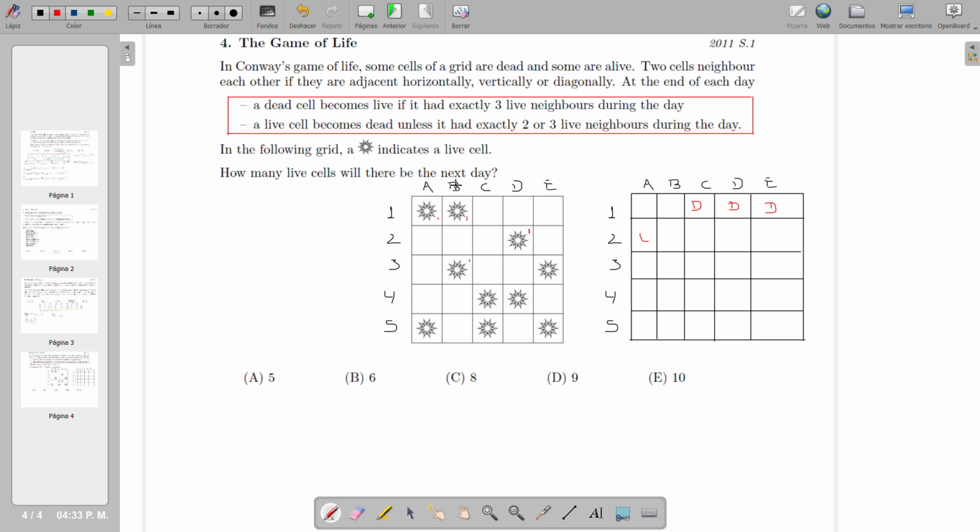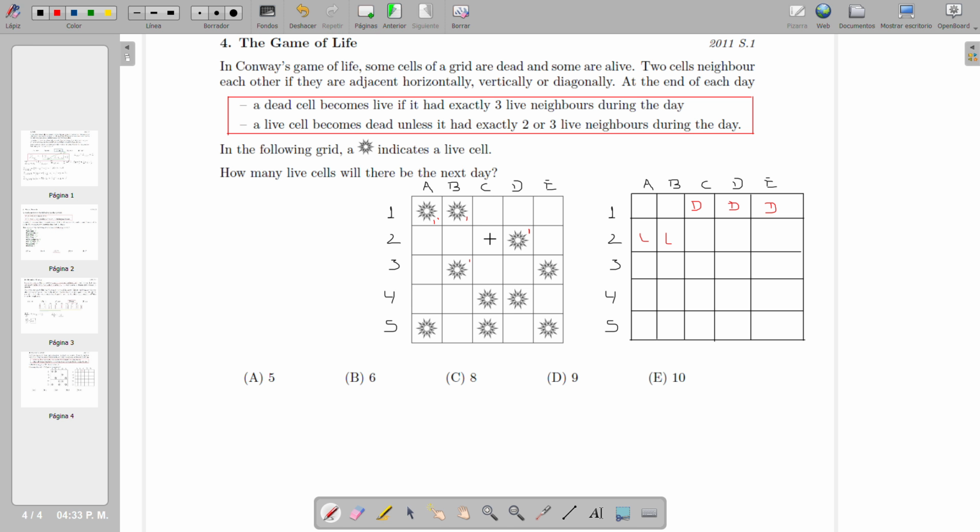And cell B2 has 1 and 2 and 3 live neighbors as well. So this cell will also be live next day.